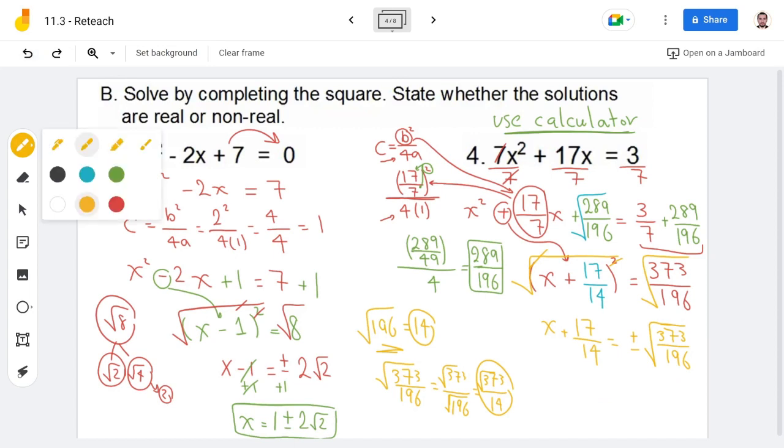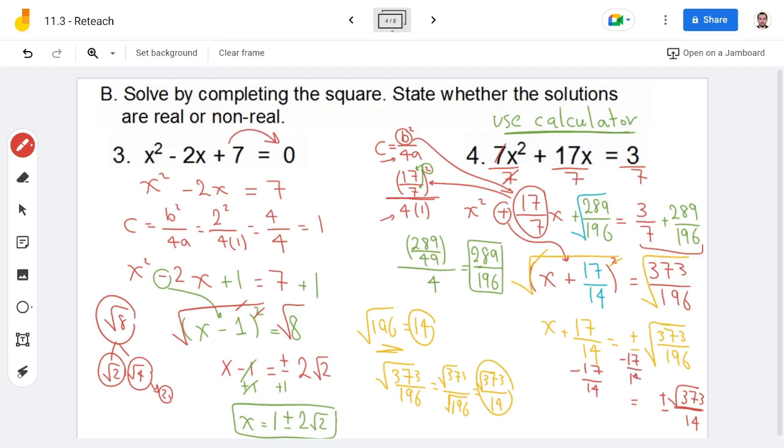Now, let me change the color. So it will be here, the square root of 373 over 14, positive, negative. And here, let's take negative 17 over 14 for both sides. So now we cancel this out.